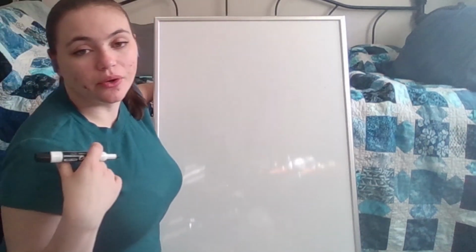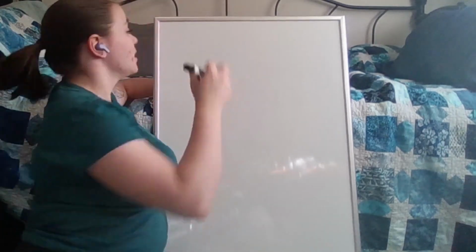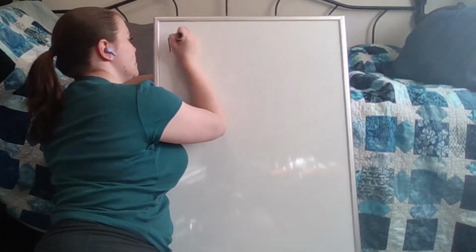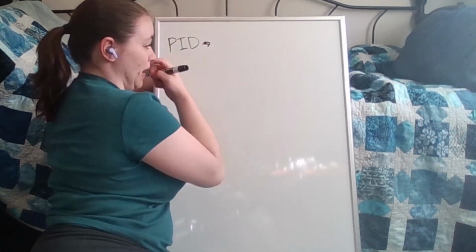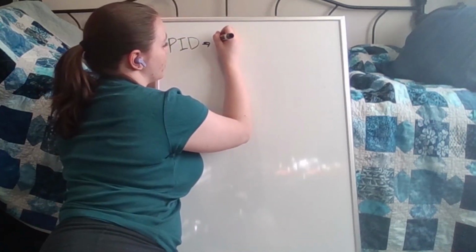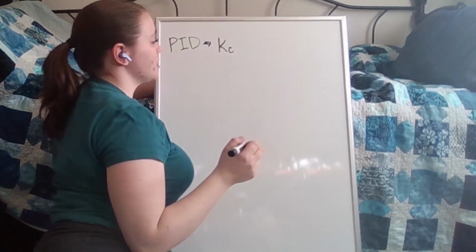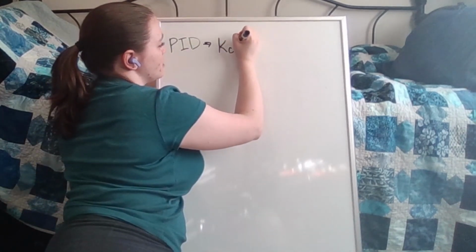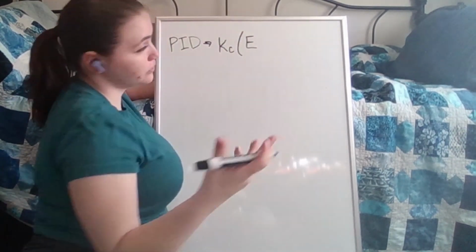So now we are going to look at our PID controller. Our PID equation is going to be our proportional gain, which will be constant Kc, times our error signal, sorry.